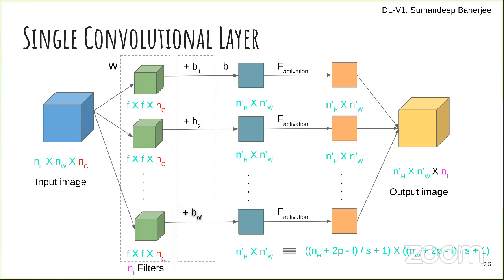Let's say you're looking for an eye of an animal. That eye can be anywhere in the image. So I don't need to build a separate eye detector for each location of the image. I just build an eye detector and apply it at different locations in the image. That applying at different locations is the stride. So you're shifting right by one, shifting down by one. These concepts are explained just a few slides down the line.